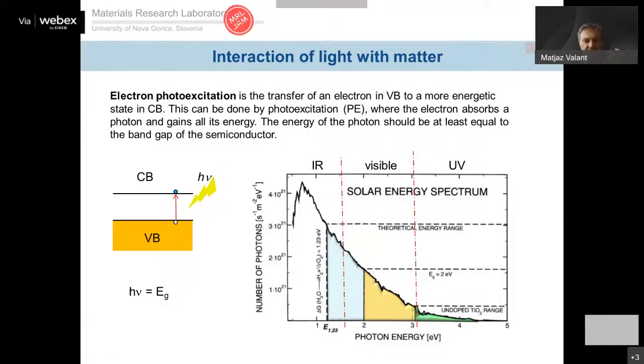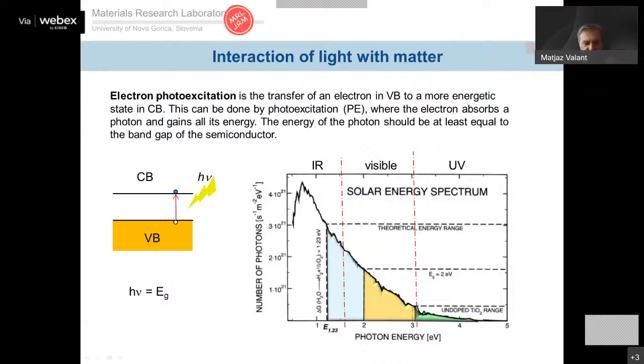So this is now an important issue in photocatalysis: to find an efficient semiconductor which would be capable of absorbing the majority of the light that comes from the sun to our planet.